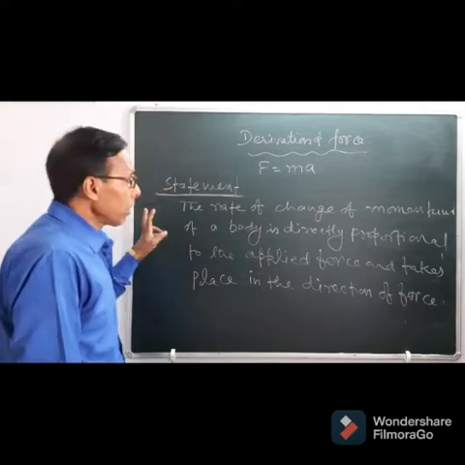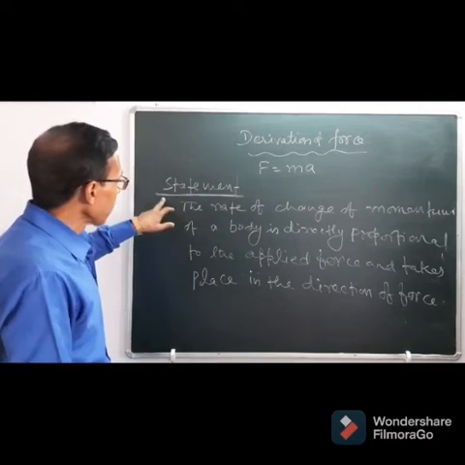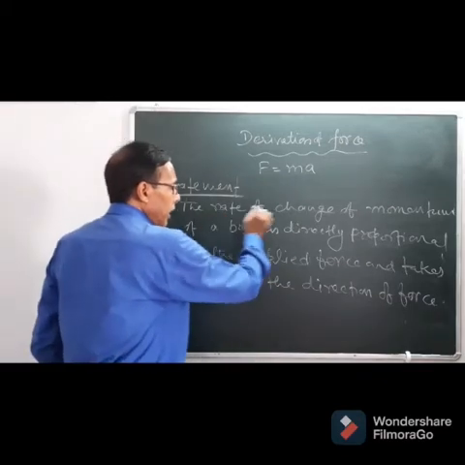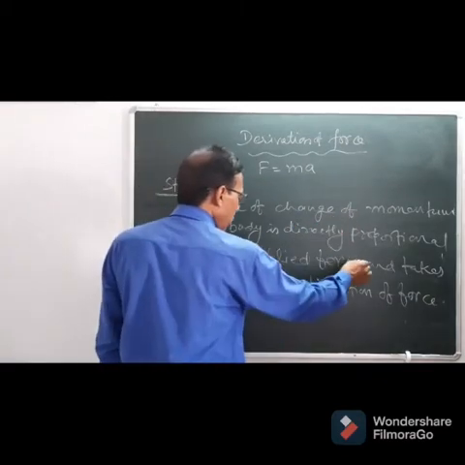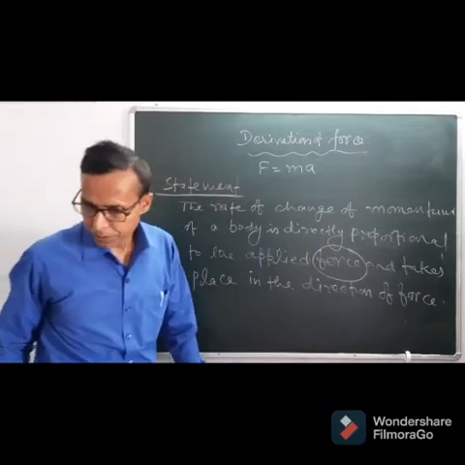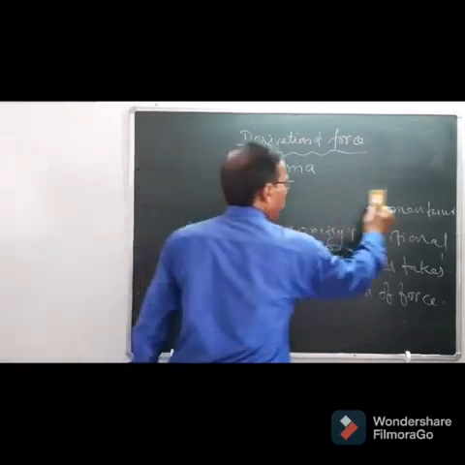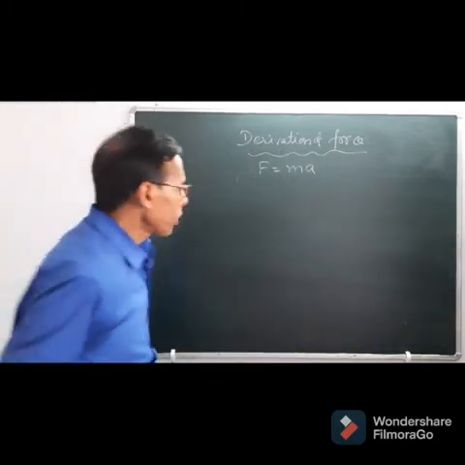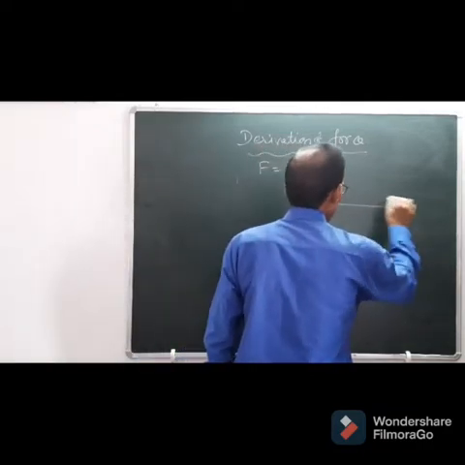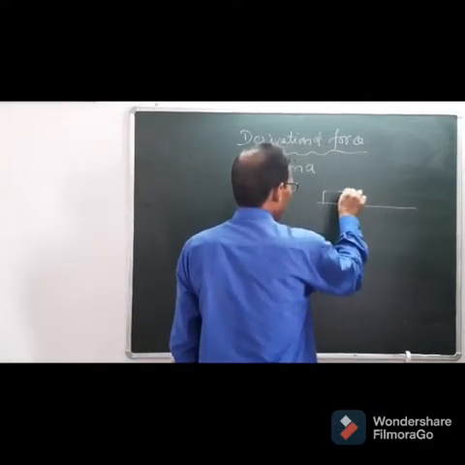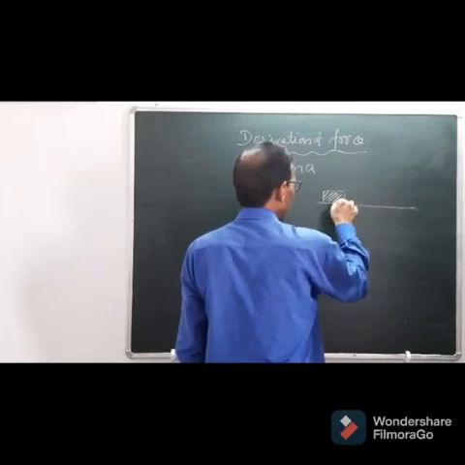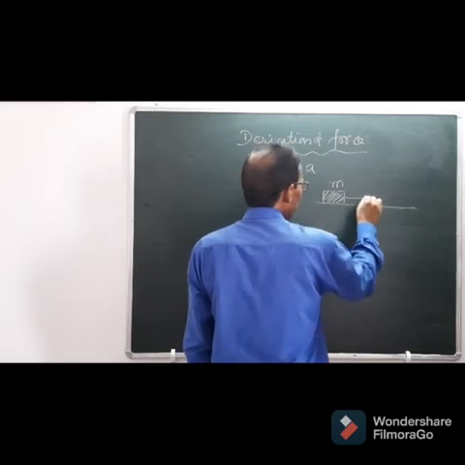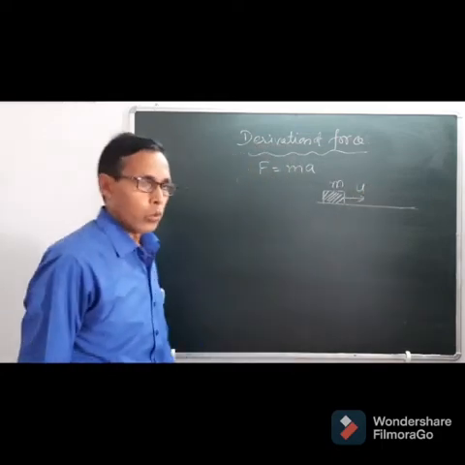And how would you prove the formula of force? By using Newton's second law of motion: the rate of change of momentum is directly proportional to the applied force. Suppose a body is placed on a horizontal surface whose mass is m and it is moving with initial velocity u.